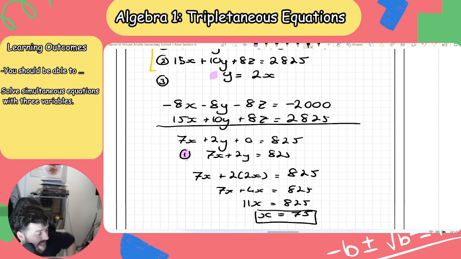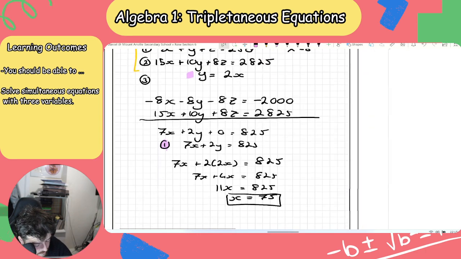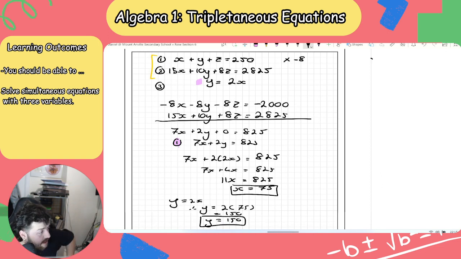So they sold 75 adult tickets. And then I know y is equal to 2x. So therefore, y is equal to 2 times 75, which is equal to 150. So 150 student tickets were sold.